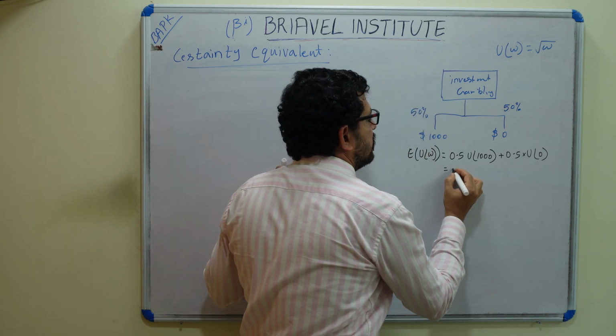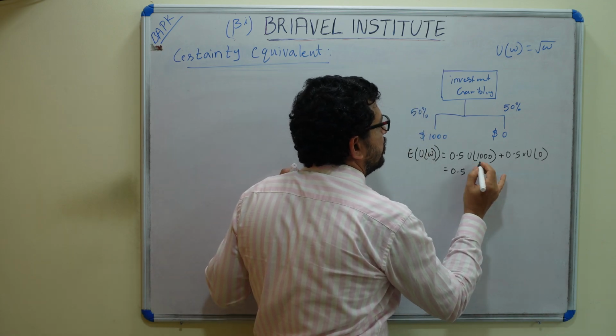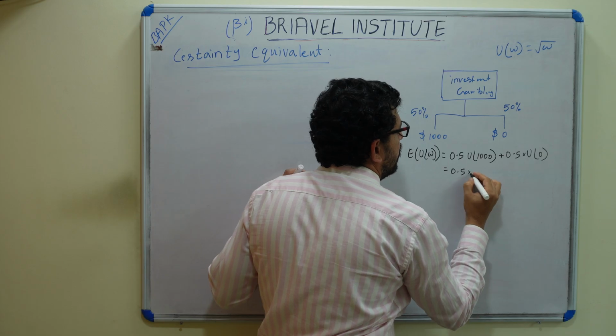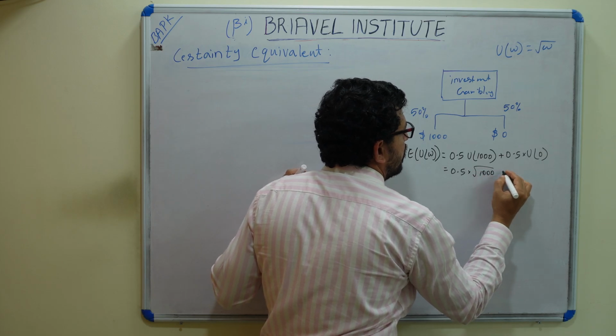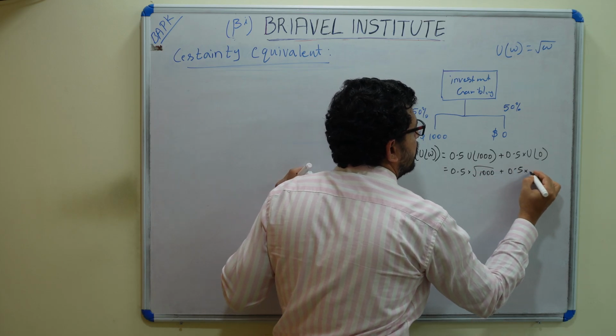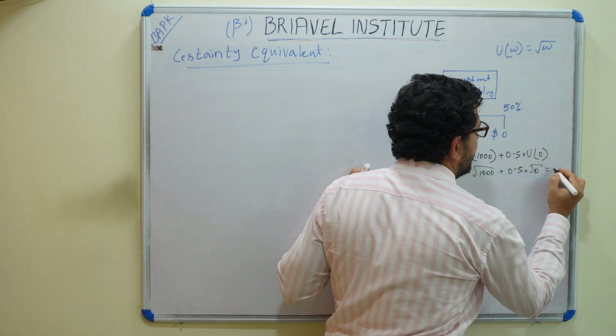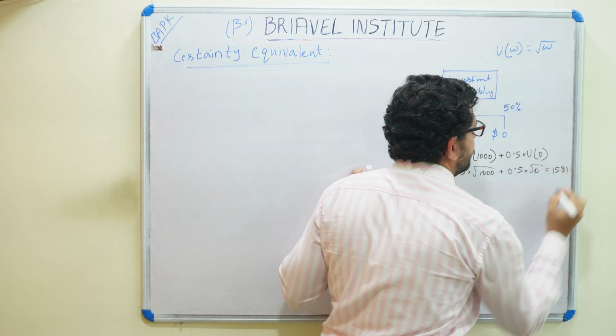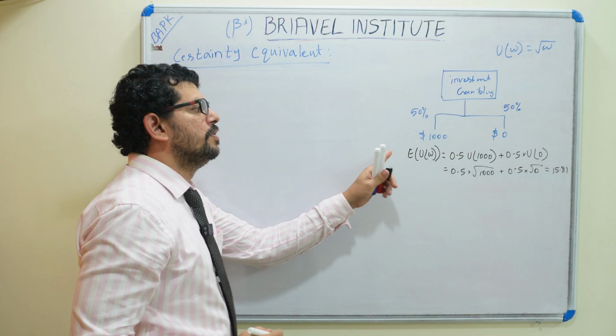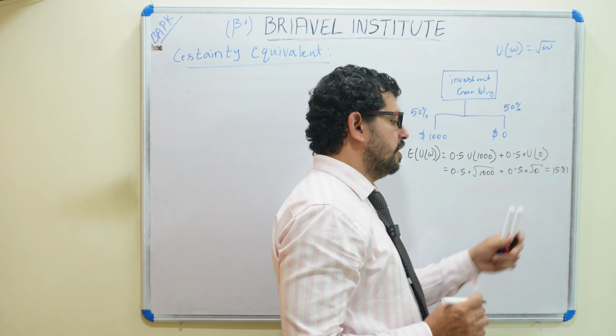Utility of 1,000 means root 1,000, plus 0.5 root 0. So this will give a value of 15.81. So my expected utility is equal to 15.81.